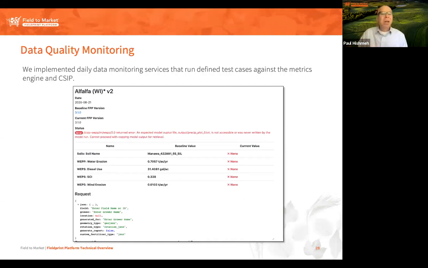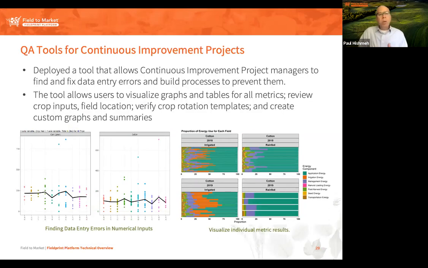It could be totally fine, but it could be a flag for a problem. Things happen. So this has been a really good way for us to keep tabs on both our own metrics engine, that we didn't bugger something up on our own end, but also monitor the complexity that goes on at Colorado State University. We also looked at, and I'll credit Eric Cornell, he's in Allison's department with Field to Market, brought his expertise in data analysis and built out using R, using a Shiny app, if anyone's familiar with that, a QA tool.